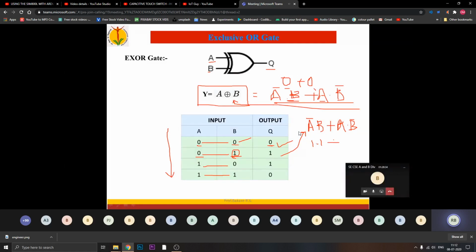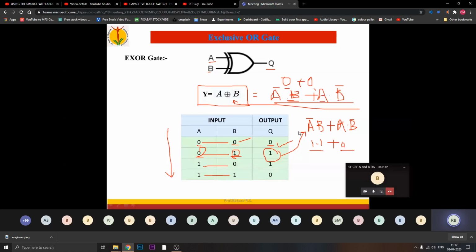Plus, A into B complement, but A has value 0, and 0 into anything is 0, so the second term is 0. The result is 1 plus 0, which is 1. I hope all of you understand. This is the value of 1.